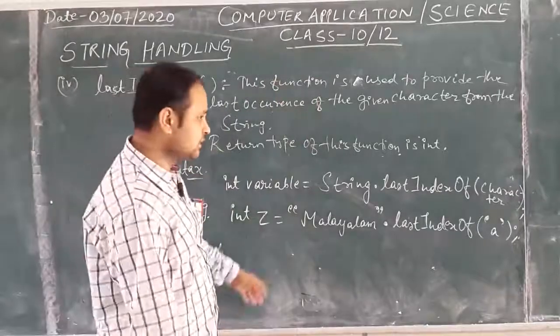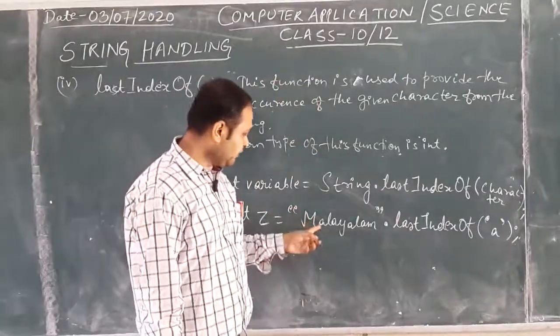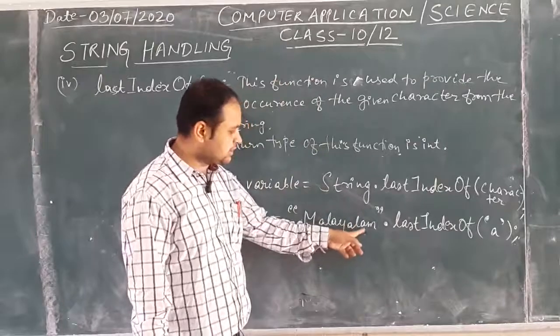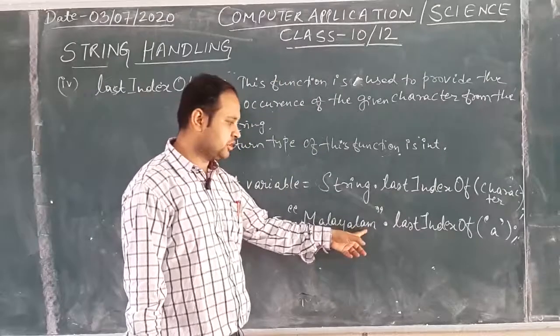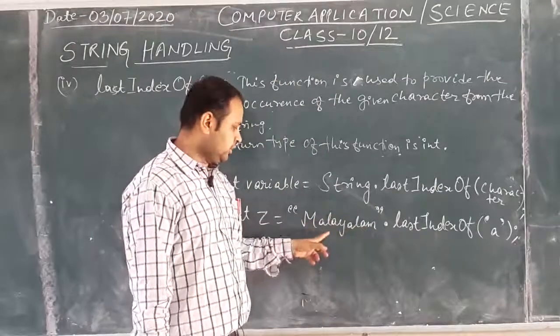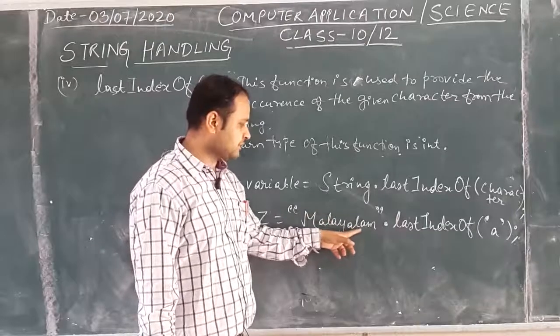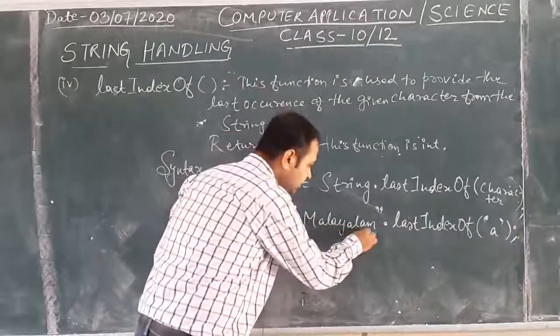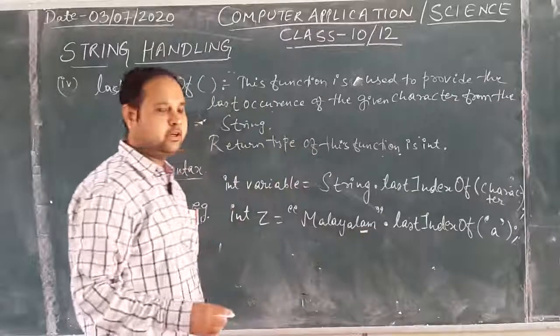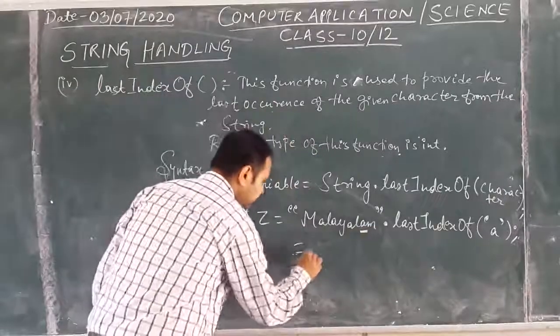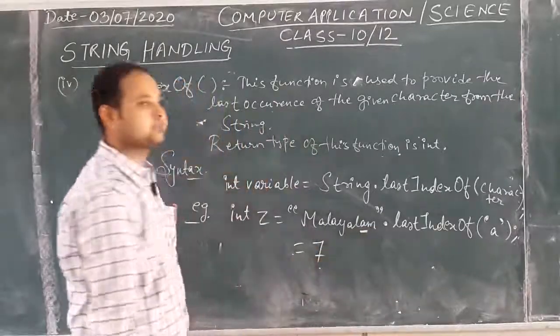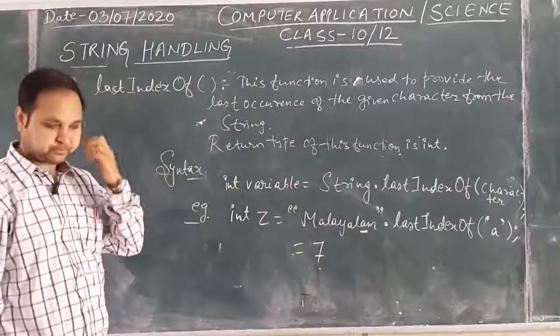So in this string, we are having A 1, 2, 3, 4. This is the last position. So what is this position number? 0, 1, 2, 3, 4, 5, 6, 7. So at the 7th position we are having the A. So the output of it will be 7.